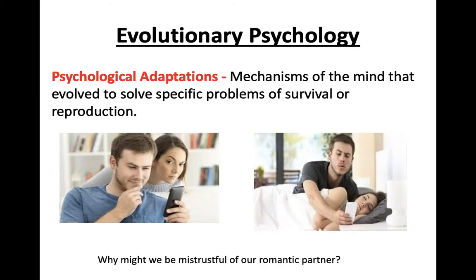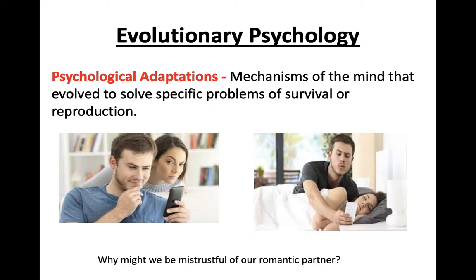All right, so let's bring this to psychology. Psychological adaptations refer to mechanisms of the mind that have evolved to solve specific problems of survival or reproduction. What I've depicted right here is two romantic partners, and there seems to be some mistrust or even jealousy going on.